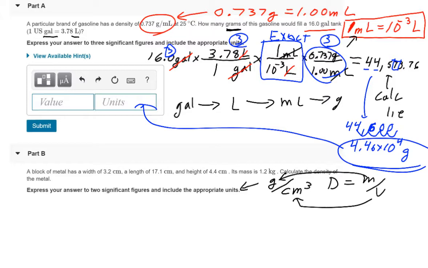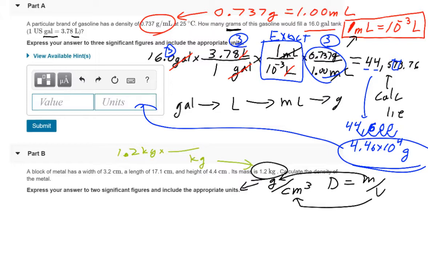Mass in grams is going to be pretty easy. They gave us a mass of 1.2 kilograms. So we can solve for that right away. 1.2 kilograms. We want to get rid of kilograms.